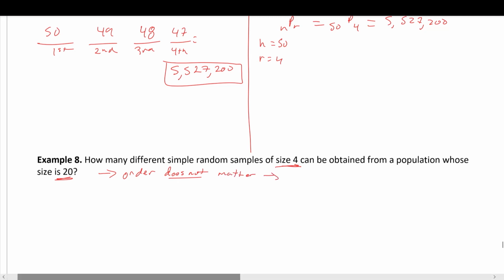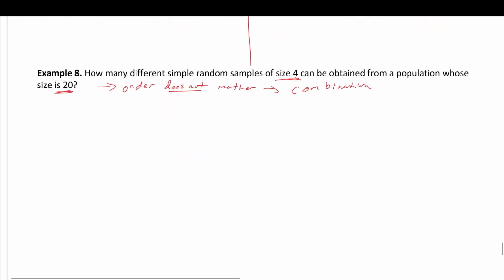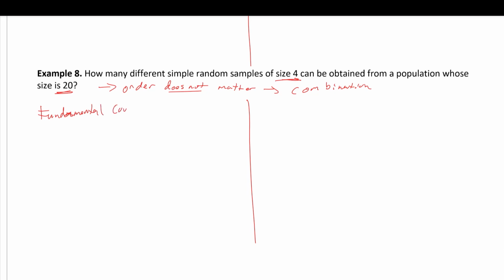And if order does not matter, we don't care about all the different repetitions. We want combinations. Okay, so let's again do this using the fundamental counting rule with modification.